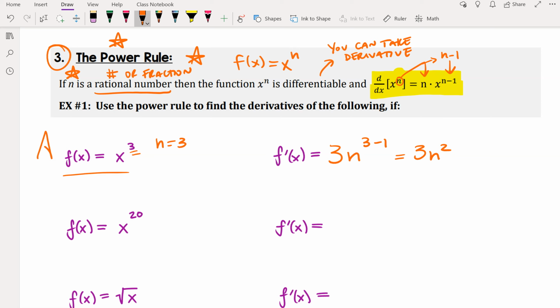Really quick over here, I'm going to show you how I visualize this. I imagine taking the exponent, dropping it in front, and then just subtracting 1 up there on the 3. And that's how you get your derivative.